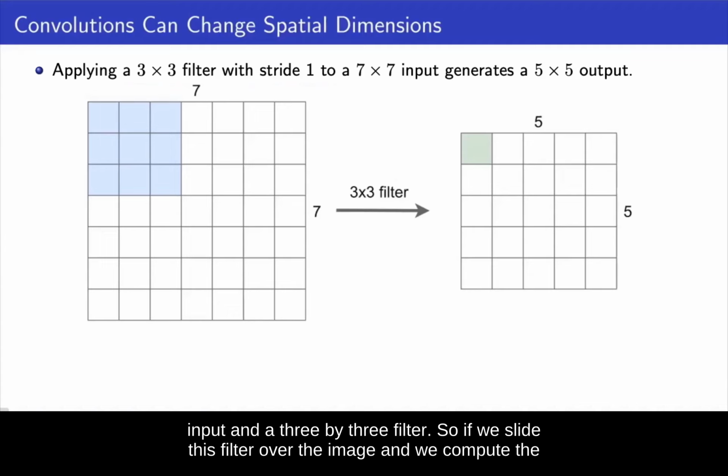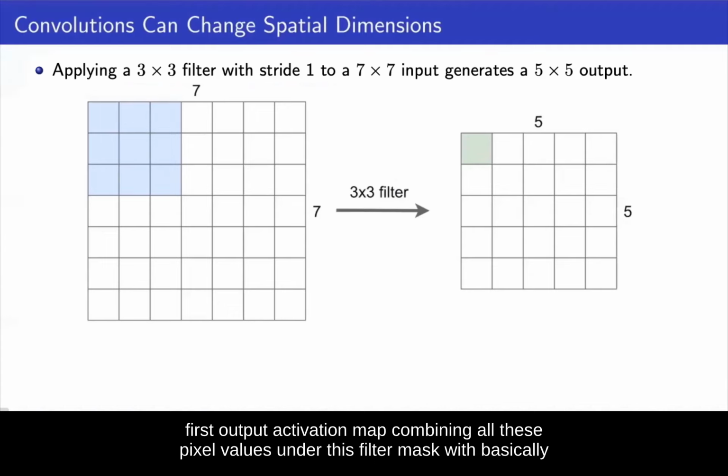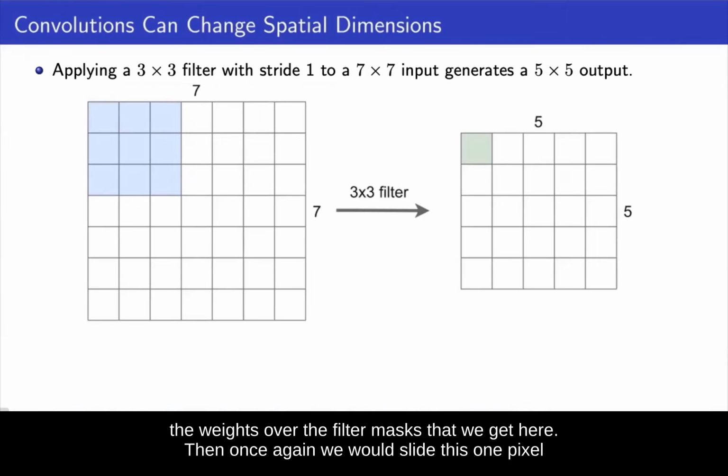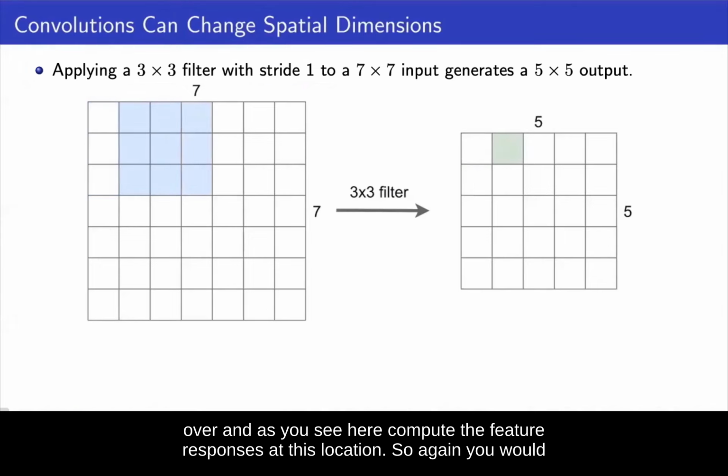If we slide this filter over the image and compute the first output activation map, combining all these pixel values under this filter mask with the weights of the filter mask, then once again we would slide it one pixel over, and as you see here, compute the feature responses at this location.